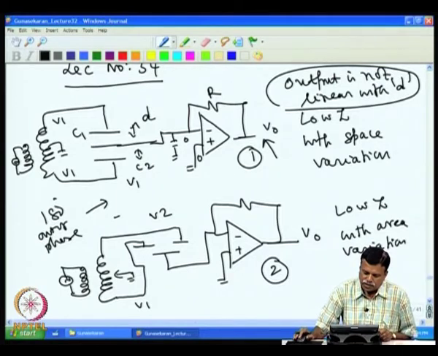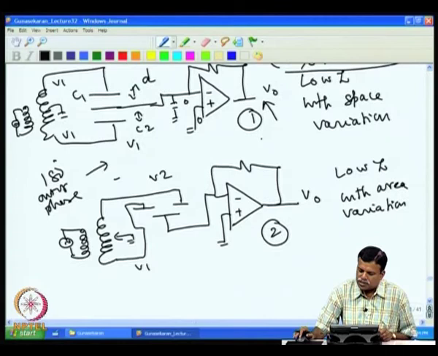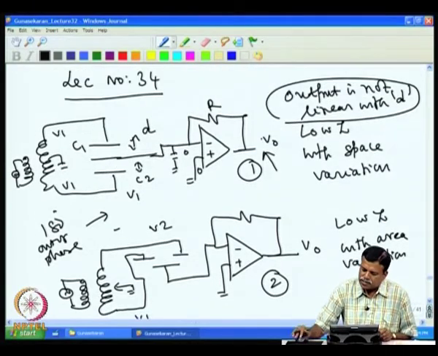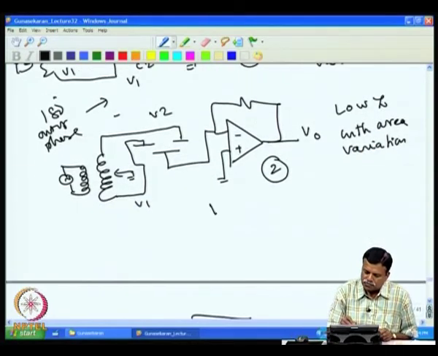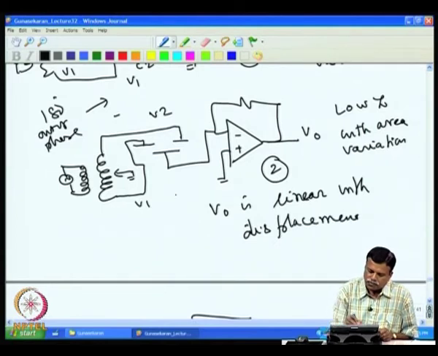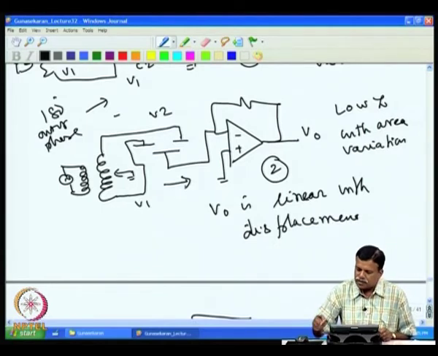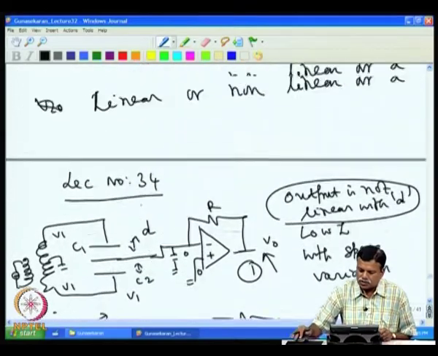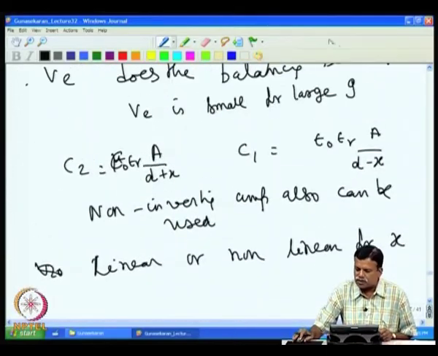Now, with the same amplifier, if I take low Z with area variation, this circuit is linear, V0 is linear with area, with displacement, because we are moving the core like this. I think we have not shown this equation in the last class.